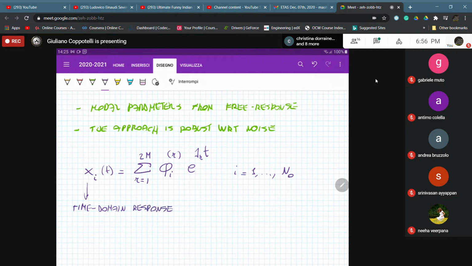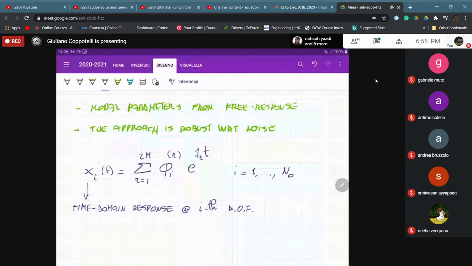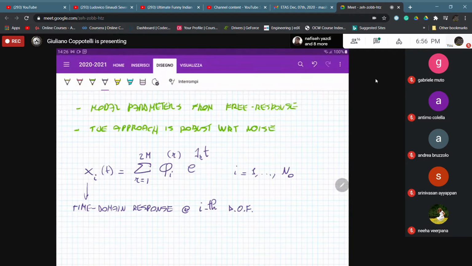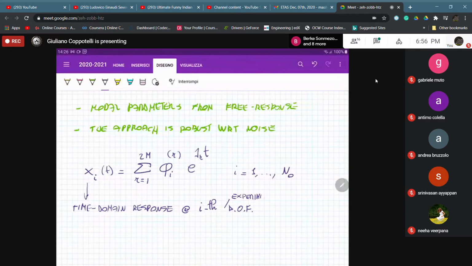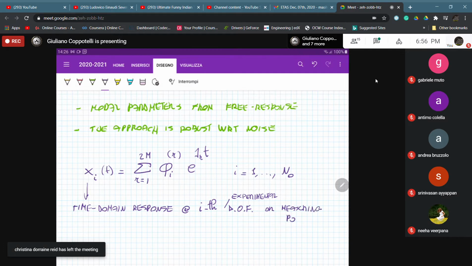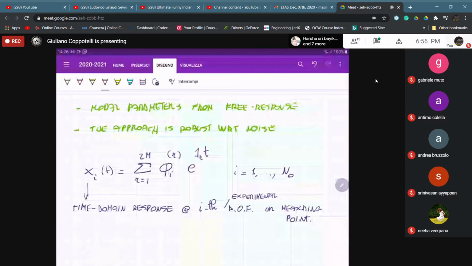evaluated at the ith degree of freedom. It is your whatever measuring point that you are using. Please, this degree of freedom is experimental: experimental degrees of freedom or measuring points.